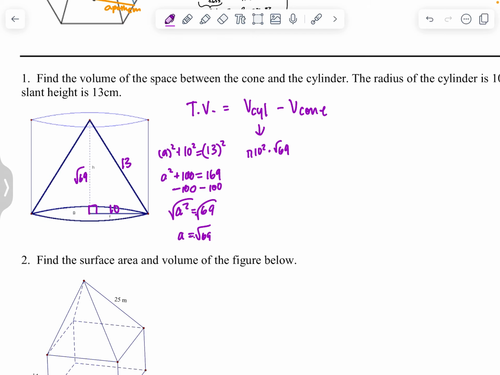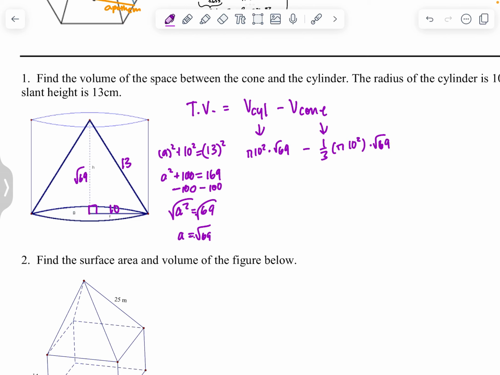We're then going to do the volume of the cone. We would then take 1/3 the area of the base. Once again, we're going to end up using that 10. So this is pi 10 squared times the root 69.